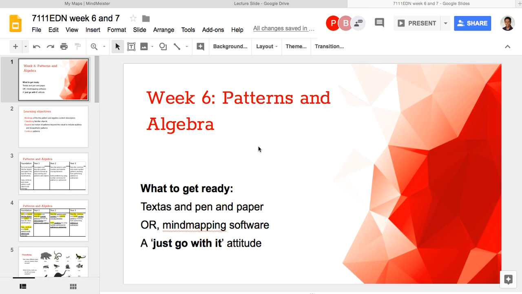Anywho, enough about my problems, let's talk about the mathematics. So, week 6, we were looking at the substrand of Patterns and Algebra, and the reason why we've actually pulled this out and just looking at this substrand of algebra in particular is because it becomes much more important later on, okay?